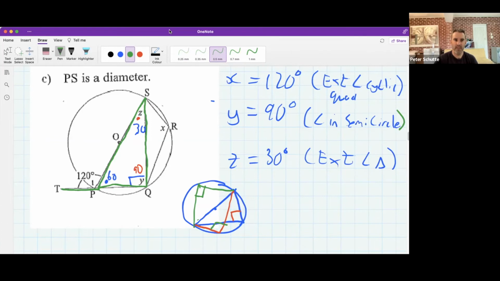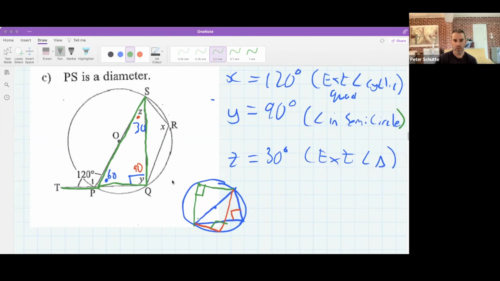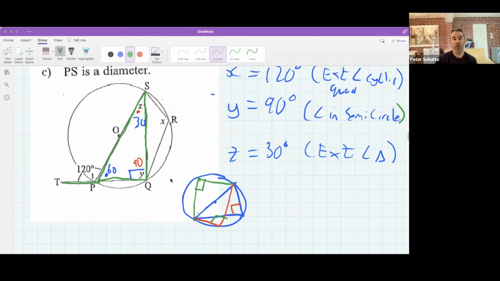Was there a hand that went up? Yes, Rona. Okay, Rona, what's the question? I have a question. Earlier on, you mentioned that to get Z, you need to find the sum of Y and the exterior angle, but didn't you mean the difference? You're quite right.